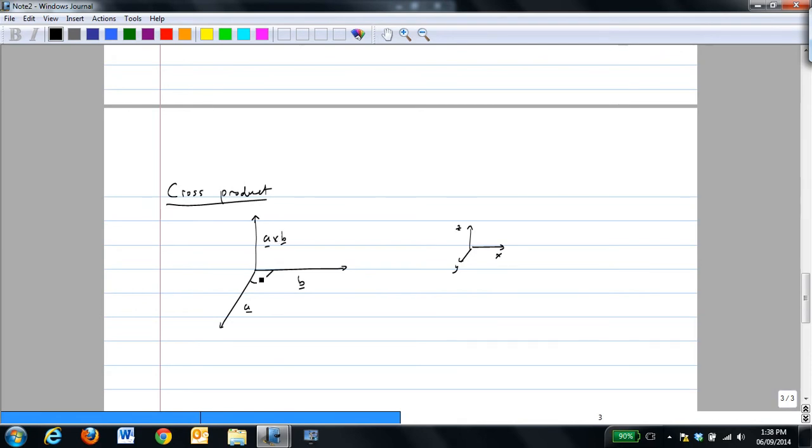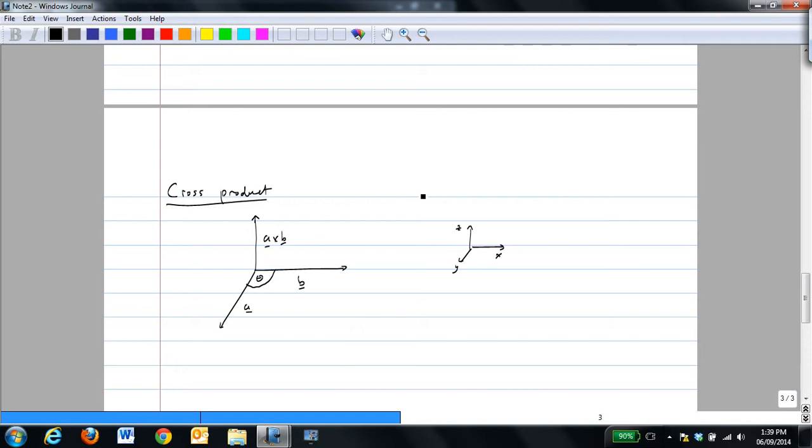Because when you take the cross product of two vectors, the vector that you find will be orthogonal to both vectors that you're taking the cross product of. And actually, to find the direction of the vector from a cross product, in physics, we use the right-hand rule. So if you point your fingers in the direction of A, curl towards B, you have your thumb pointing up, and that will be the direction of the vector found from the cross product.